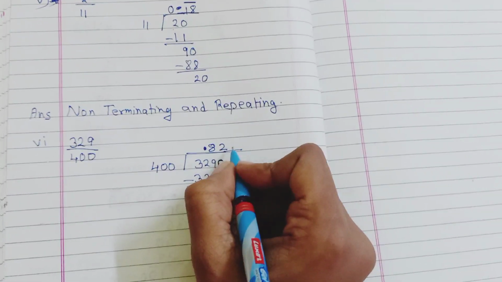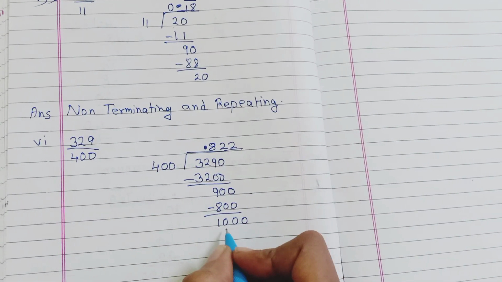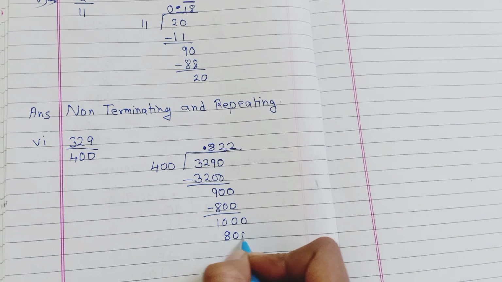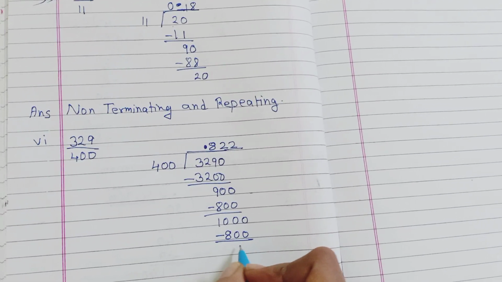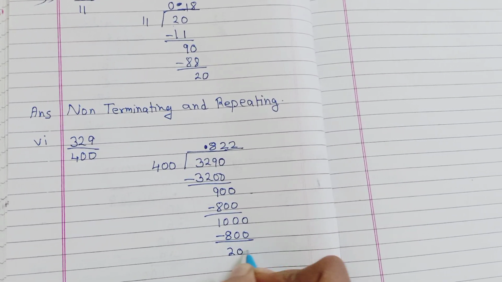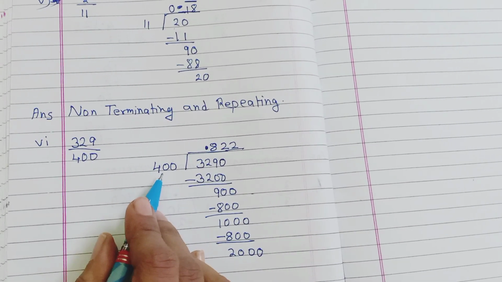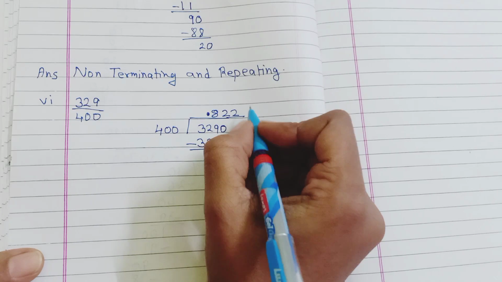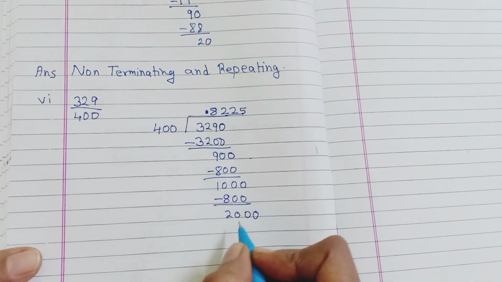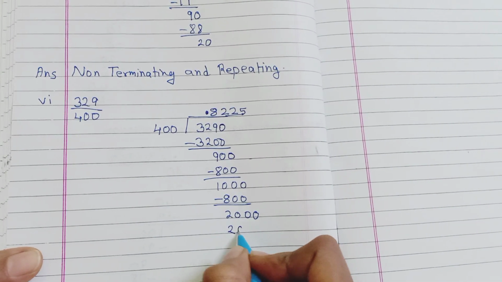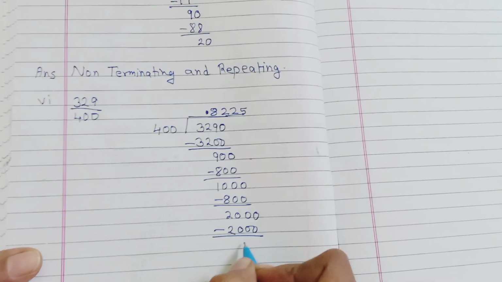So 400 multiplied by 2 gives us 800. After subtraction, we get here 200. Now as 200 is smaller than 400, so again we have placed a 0. So now 400 multiplied by 5 gives us 2000 itself. So when we subtract it, we get 0.